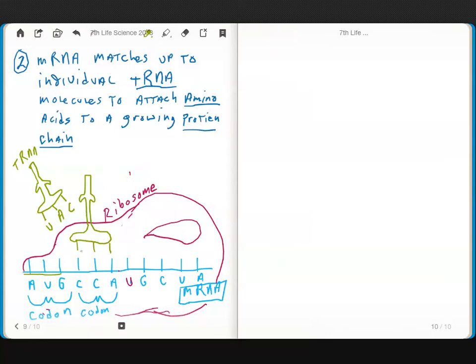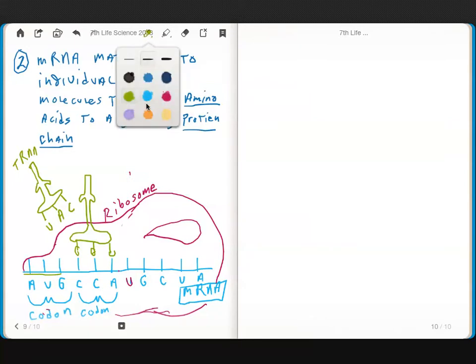The next tRNA has the code of G, G, U. And that's docking with the help of the ribosome. Well, there's one piece that I have not mentioned yet, and that is that attached to each tRNA is an amino acid.